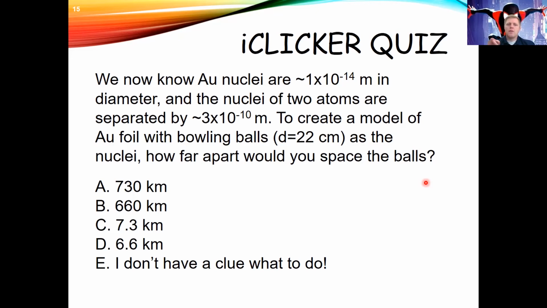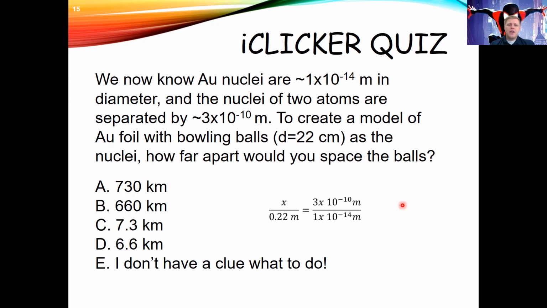So if we wanted to create a model of aluminum foil using bowling balls, which have a diameter of about 22 centimeters, and we're going to use those as the nuclei, how far apart will you have to space the balls? Okay, go ahead and pause the video here, and then I will work through it in a sec.